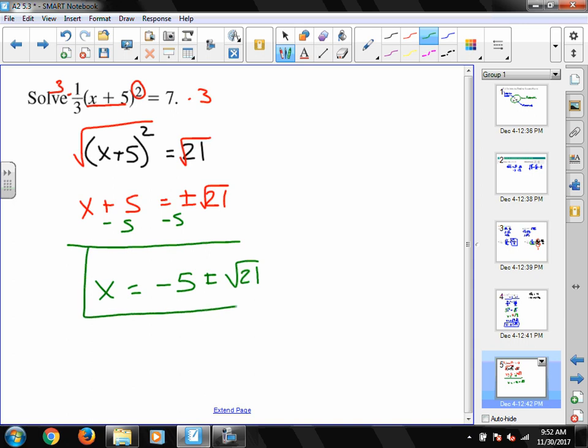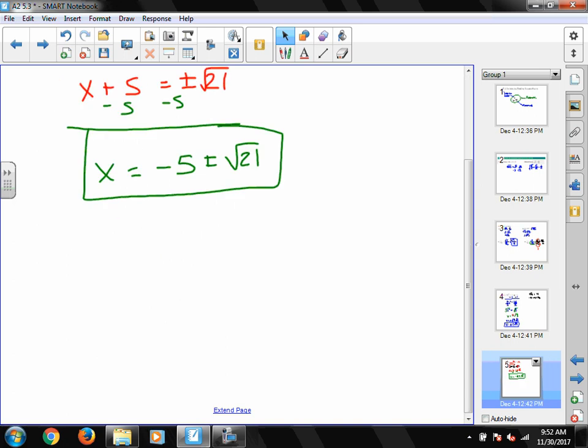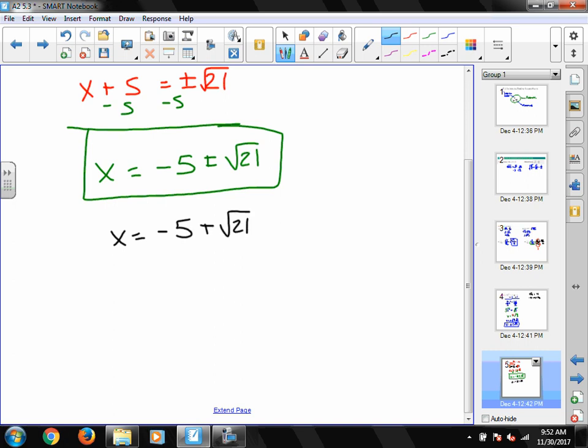This is where I would really leave it. Some people don't like it in that form because they don't like that plus or minus. What that really means is that x is equal to negative 5 plus the square root of 21, or x is equal to negative 5 minus the square root of 21.